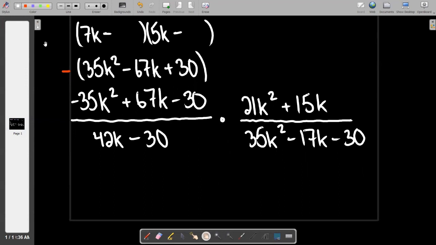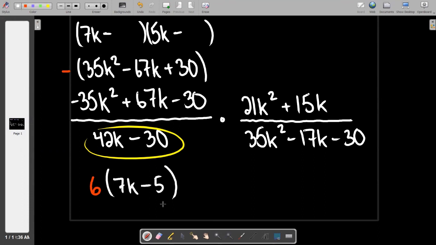And what kind of factoring is this down here? That's just GCF, right? So let's pull out a 6. And what does that leave behind? This is a pretty cool strategy, because now that you've cleaned up the lower left hand, the math gods are trying to throw you a hint.